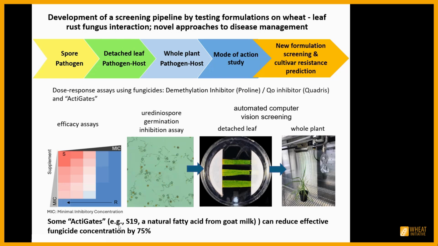The bottom line is that some of the actigates, for instance a compound from goat milk, a natural fatty acid, can reduce the effective fungicide concentration by 75%. So that would be a major saving for producers if that is used. Here we did tests with two different commercial fungicides, Proline and Quadris.